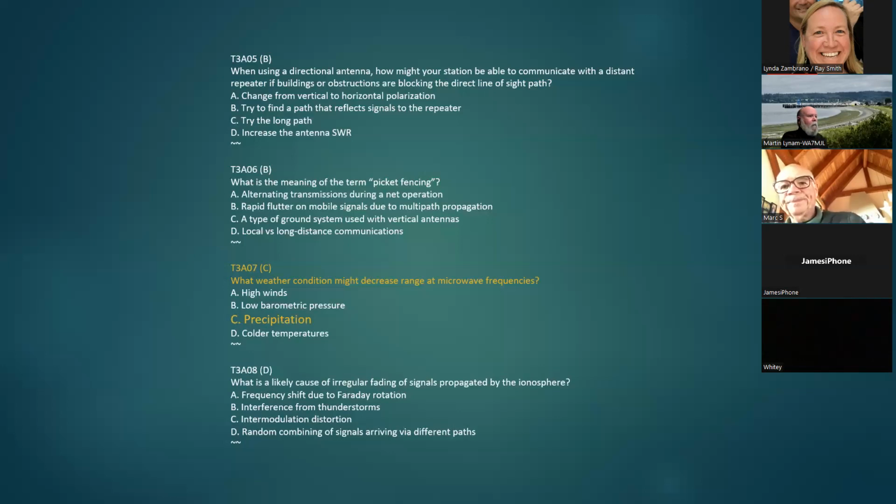And precipitation can really affect the range at microwave frequencies. The rain is of a size, the droplet size, which can really absorb the radio waves at those very, very high frequencies. So precipitation would be the right answer to question A07.